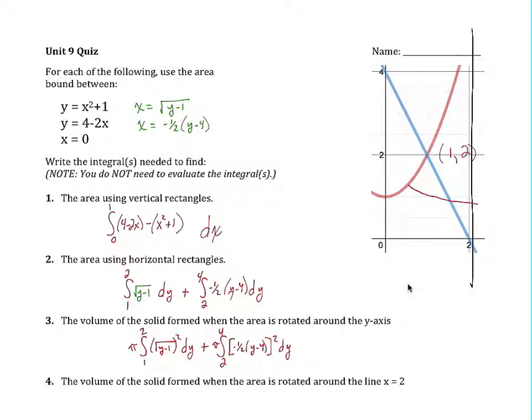So we're going to have one disk that looks like here. This is going to be our set of bottom disks. And then we're going to have our set of top disks up here. And again, we're going to end up with two integrals.